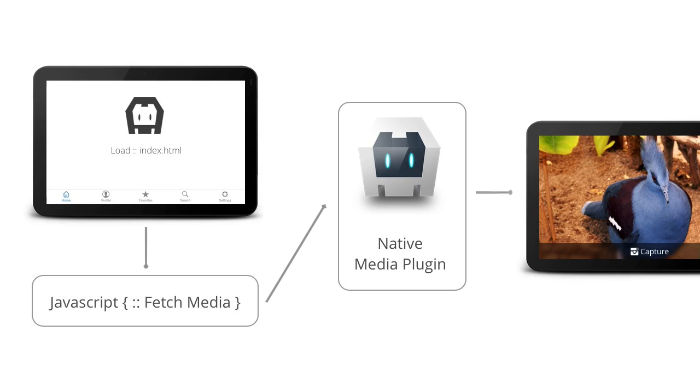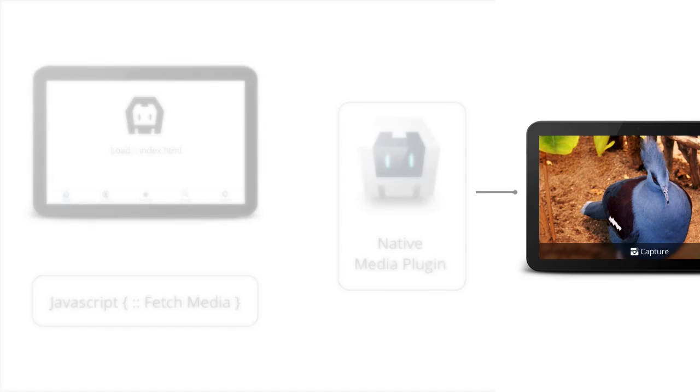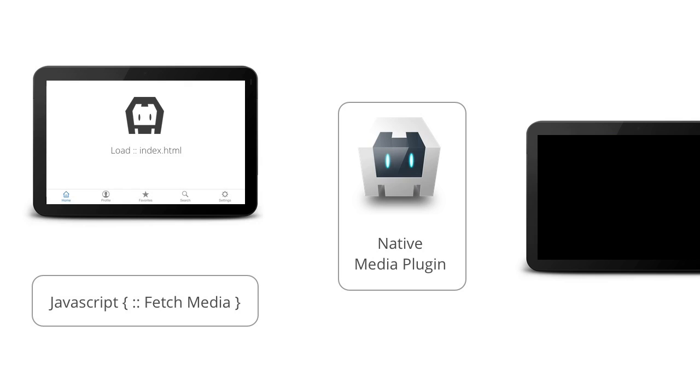Now the user will see the OS's camera app open and our app will be waiting in the background. Once the user takes a snapshot, the camera app closes by default and our app returns automatically.